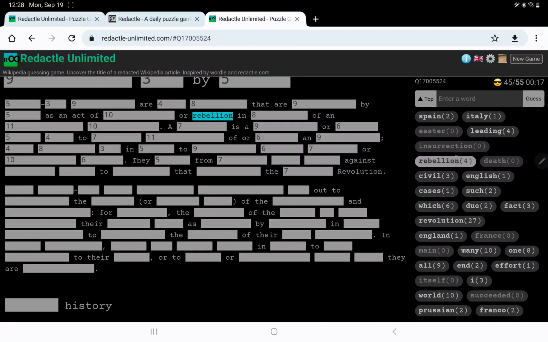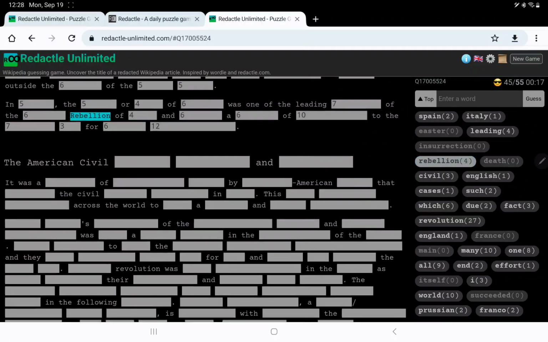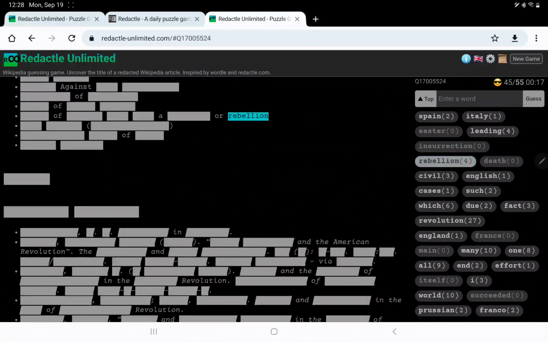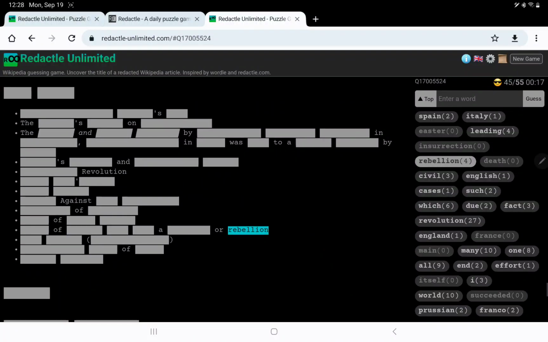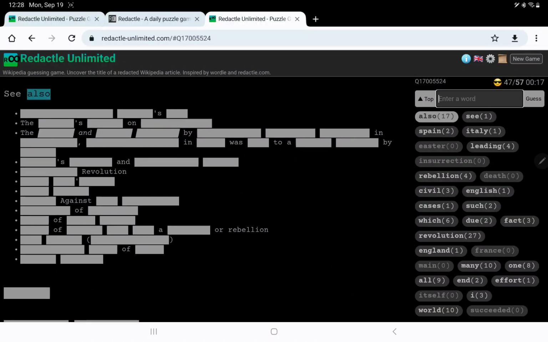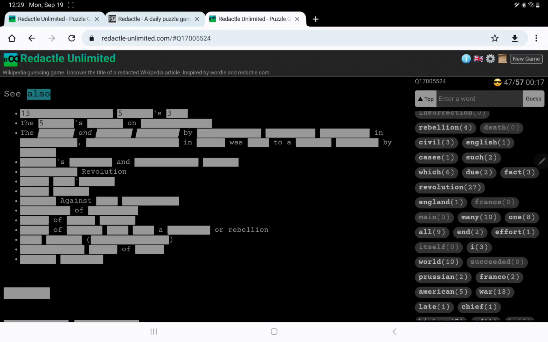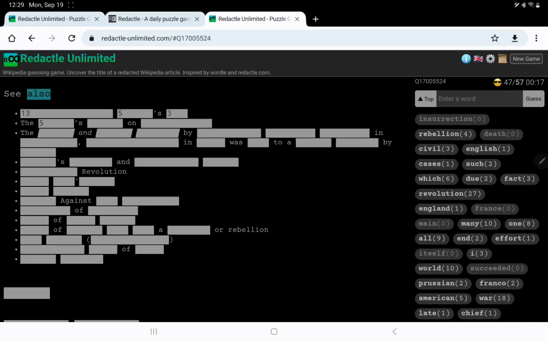Okay, let's see our other rebellions. Okay, here's our last one down in the See Also section. 13 5's 3. The 5's 5 on 10.